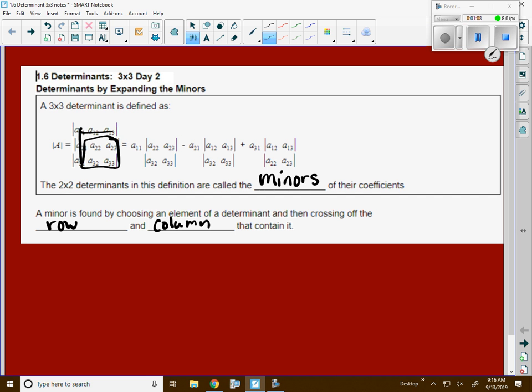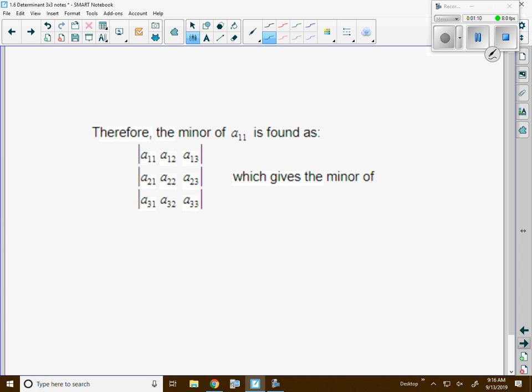Yes. Okay, so let's drop down here a little bit, and we're just going to talk about entries and how we name them, because this is probably new for you. A11, what does it mean? A11 means row 1, column 1.